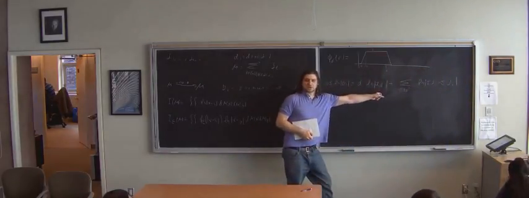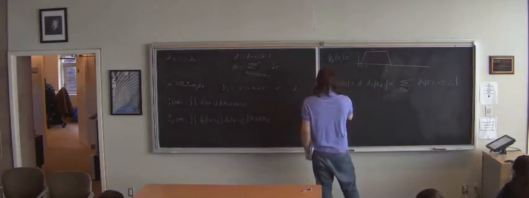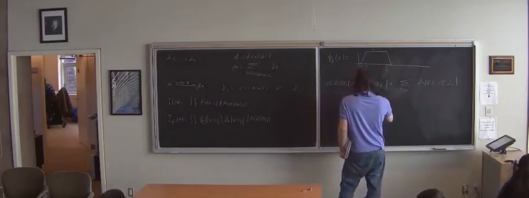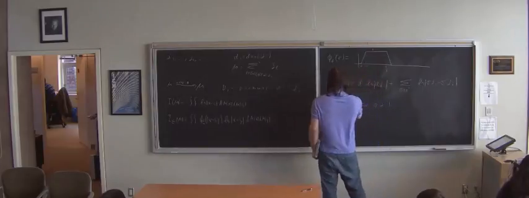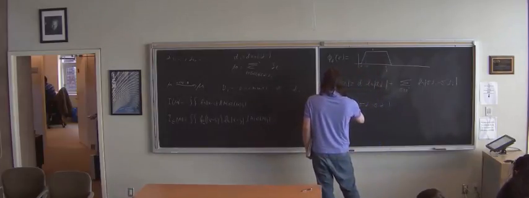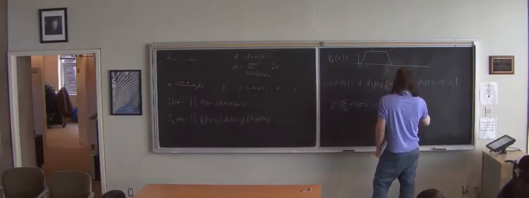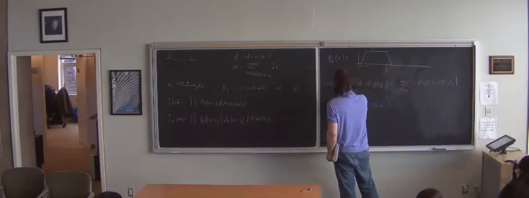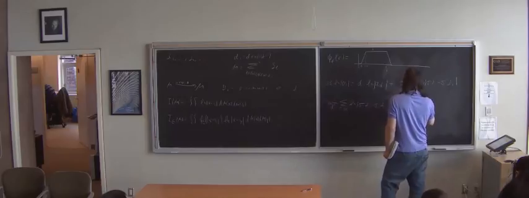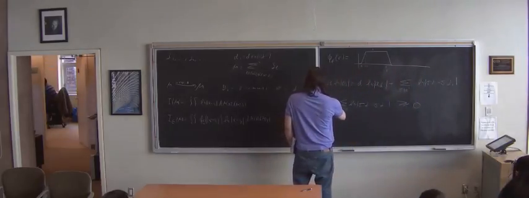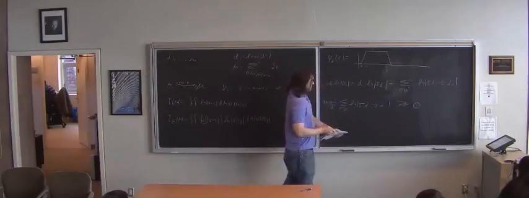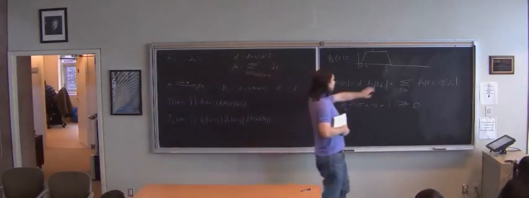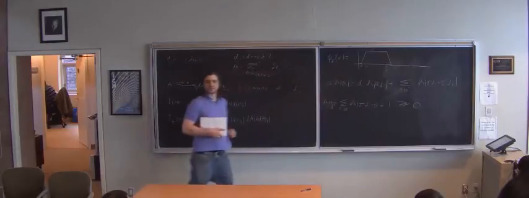And we showed this guy was little o of d sub I, from which it follows that if you look at this sum and you normalize it, the limit of this is greater than or equal to 0, because this is little o of d sub I. So this is what we had going last time.